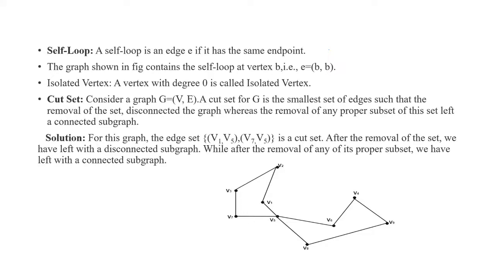So for example, here this is the graph. For this graph, the edge set v1 v5, this edge between v1 and v5, and v7 v5, this edge.